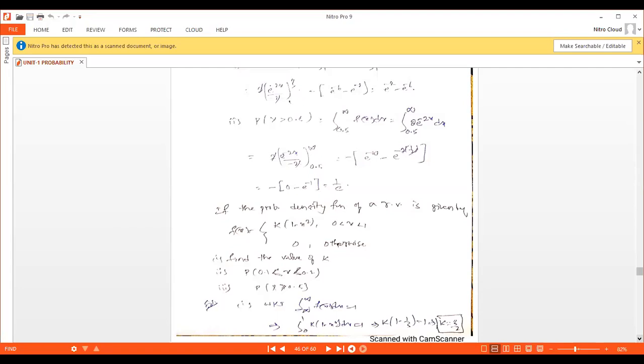Integrate that one. K constant outside, integration of 1 minus x square is x minus x cubed by 3 within the limit 0 to 1, and equate that one to 1. Your k value is 3 by 2.